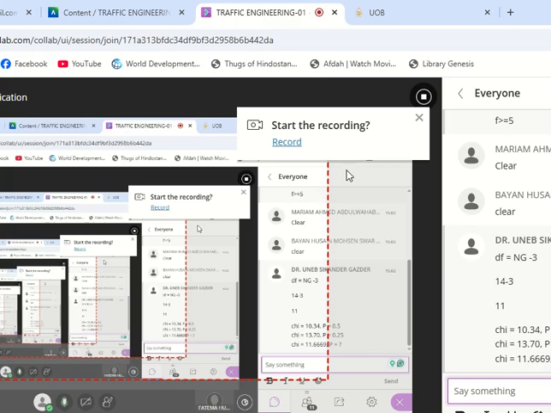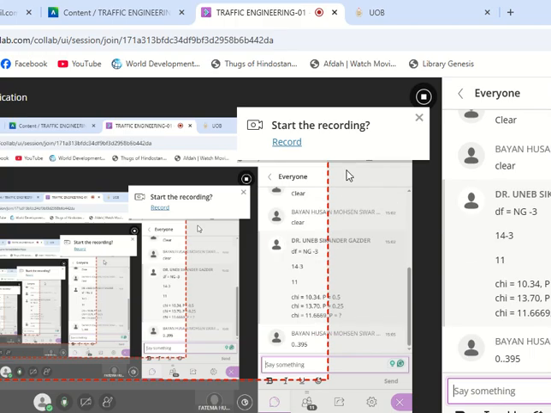You will do interpolation, right? So what will be the P value? Yes, anyone with the interpolation. 0.395. Okay.